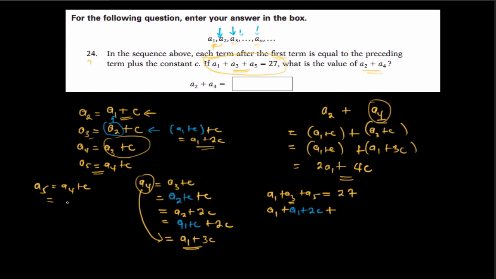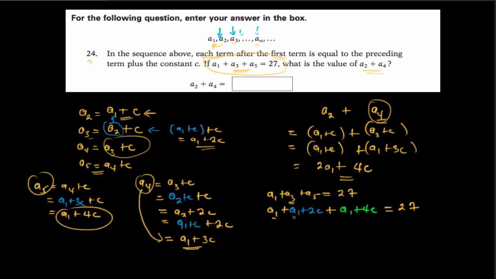So this is going to give me A1 plus 3C, then plus C, which is going to be A1 plus 4C. So my A5 now equals A1 plus 4C. So instead of A5, I'm going to write A1 plus 4C. So this equals 27.